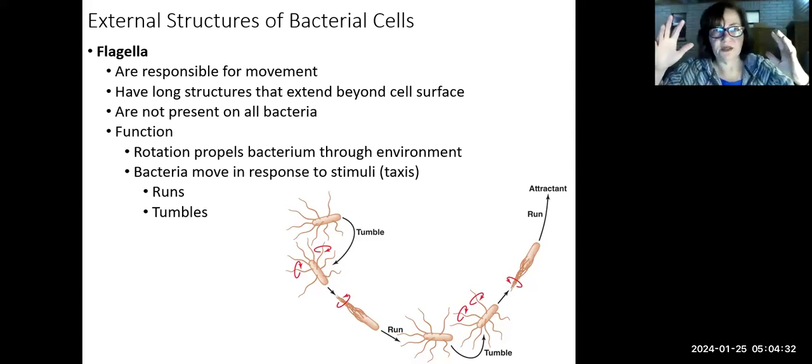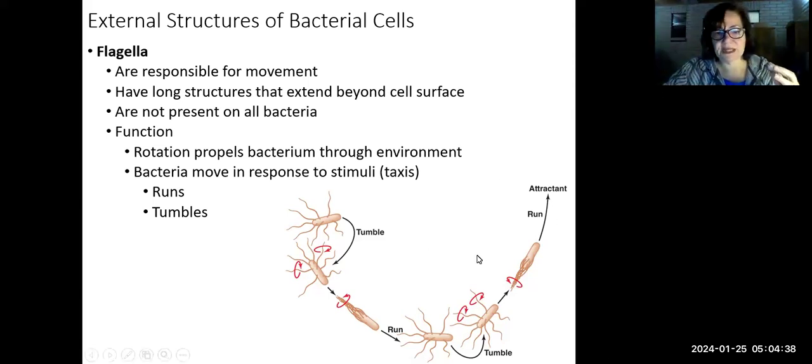In other words, are the nutrient molecules coming in higher concentration or lower concentration? And so it can detect that, and then it can do this organized looking run where it moves in one direction, and then it stops and checks again. And so it's not a beeline. It doesn't make a straight line towards food, but it can get itself moving in that direction.